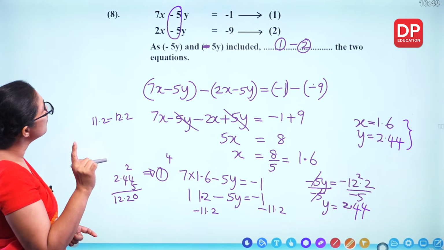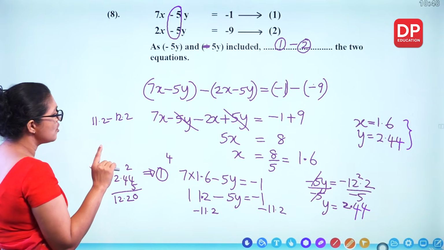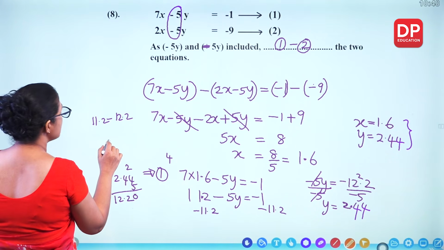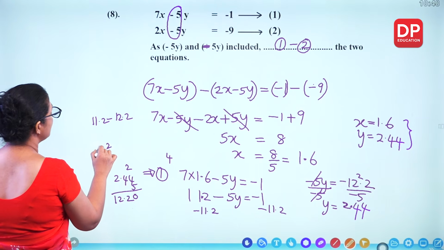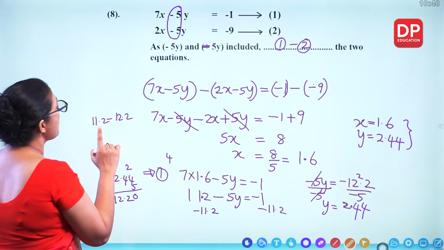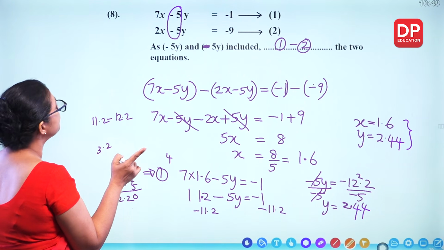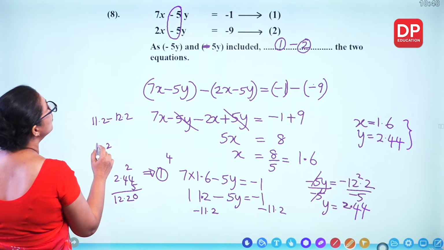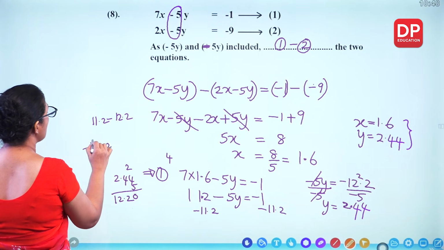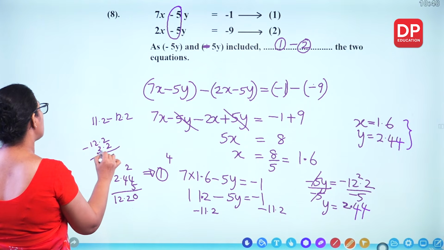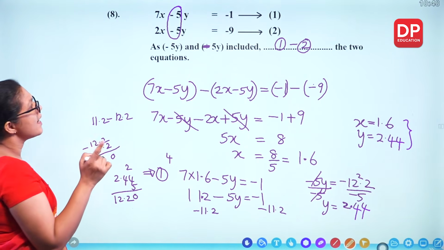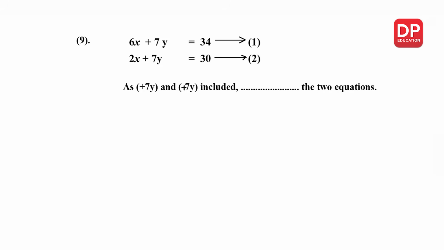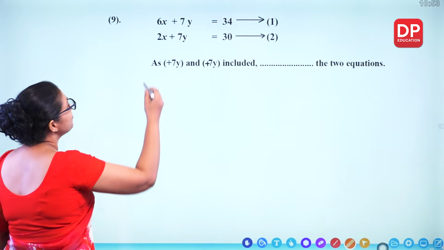That's correct. Now take the second equation and see 2x. 2x means 2 times 1.6, 3.2. Minus 5 times y, we found 12.2. So minus 12.2, when you subtract, you get minus 9. So that's correct.